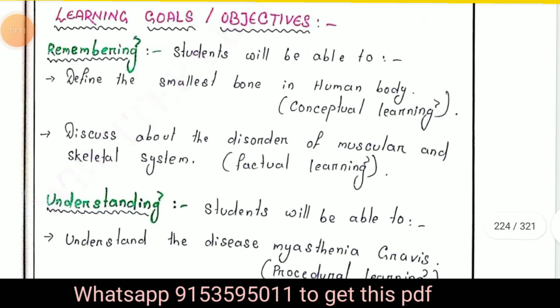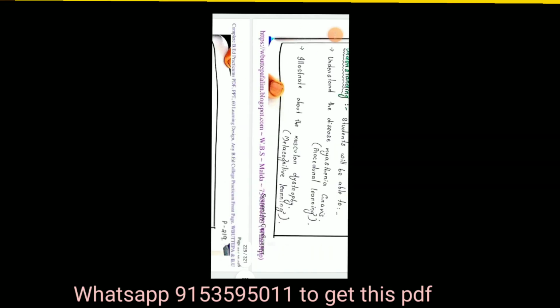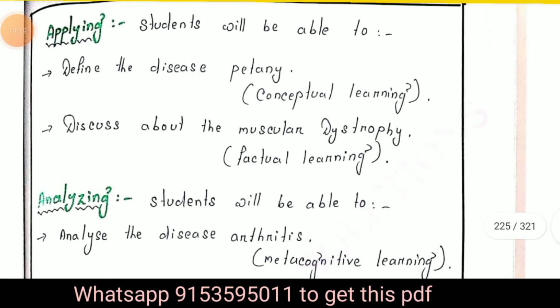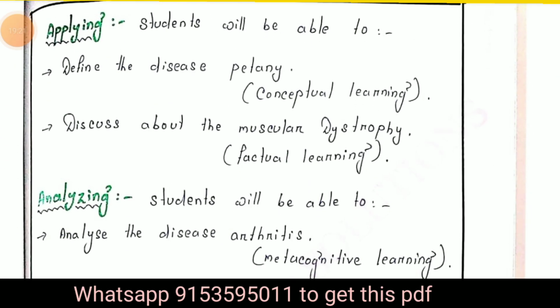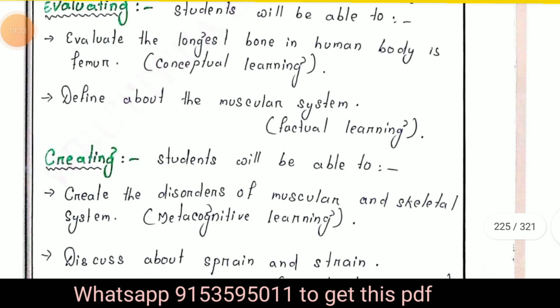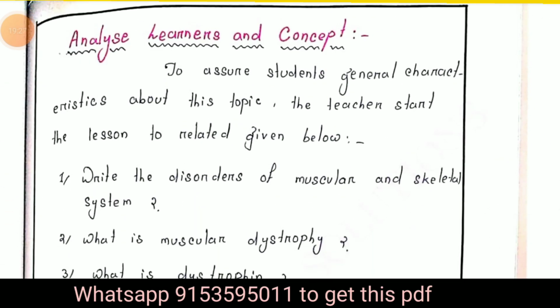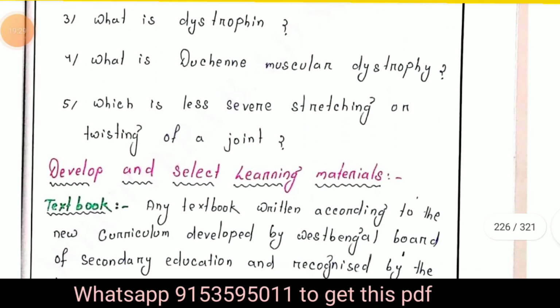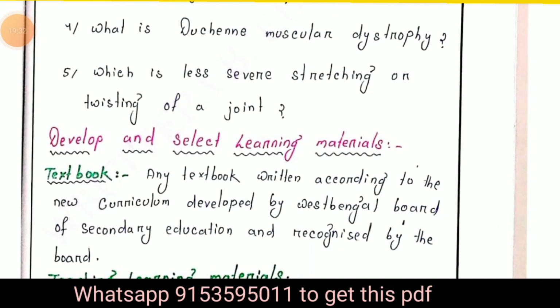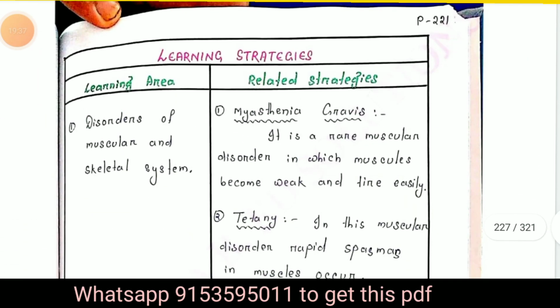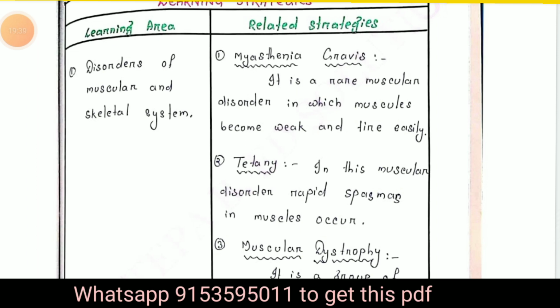Learning goals or objective: remembering, understanding, applying, analyzing, evaluating, creating. Analyze learner and concept. Develop and select learning material: textbook, teaching learning material. Learning strategy, two types: learning area and related strategies.